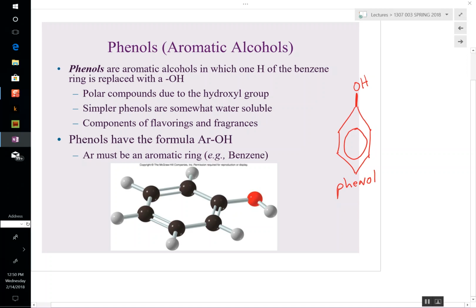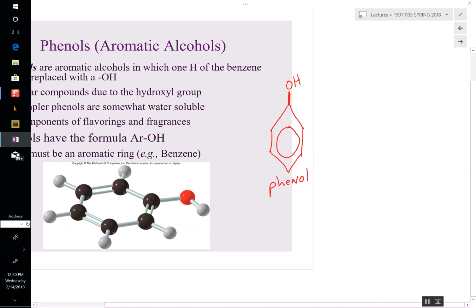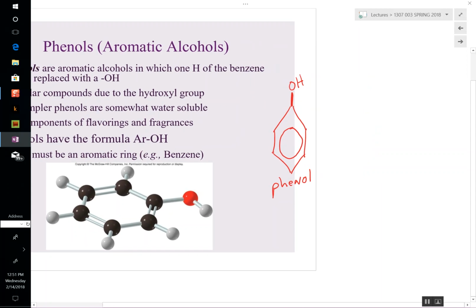Phenol. It's an aromatic alcohol. Don't get that confused with, let's say you had a molecule like this. What I'm showing here is not phenol. That is a benzene ring that is a substituent on an organic molecule.